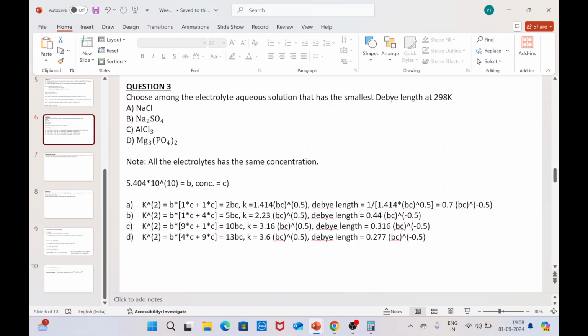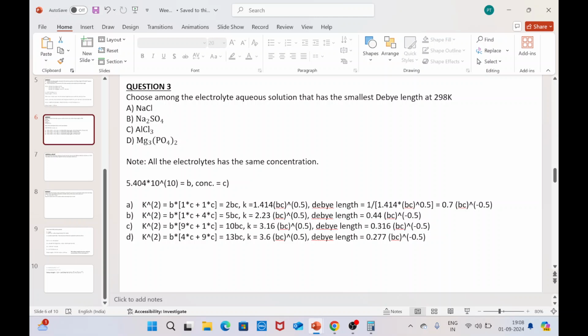So this is more based on charge. So NaCl is Na plus and Cl minus, right? So that means it will have more size compared to Mg3 and PO4.